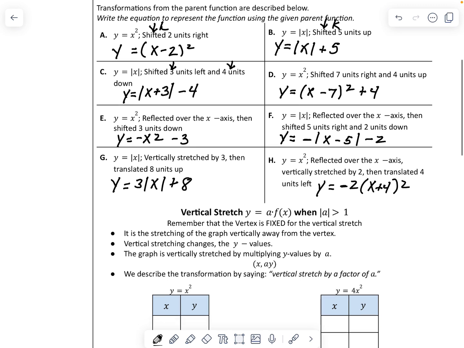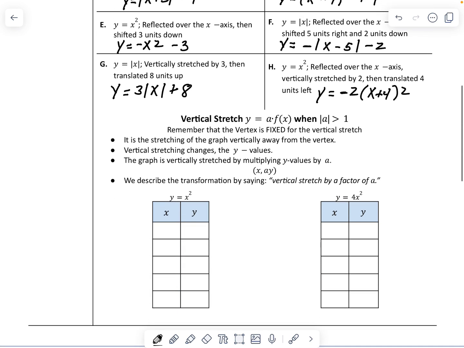All right, so how would we handle vertical stretch when a is greater than 1? So here is an example of the parent function, and then we'll do it with a stretch.